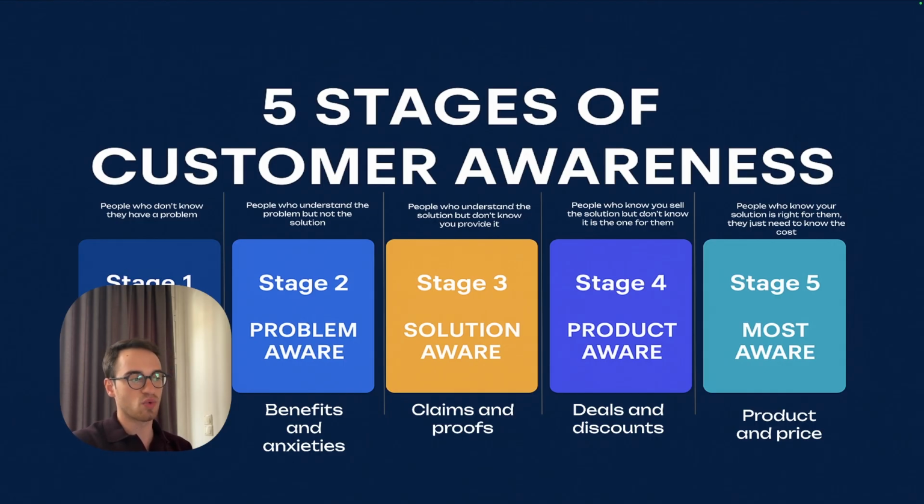As you can see, stage one is very indirect, so it's very top of funnel. It's people who don't even know they have a problem, so we need to mainly address them through stories, secrets, a lot of storytelling, a lot of hard copywriting goes into it. That's why it's a lot harder to create those creatives, and obviously it's more expensive to get those people.